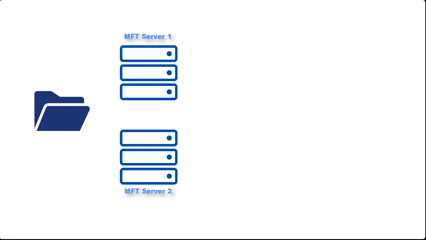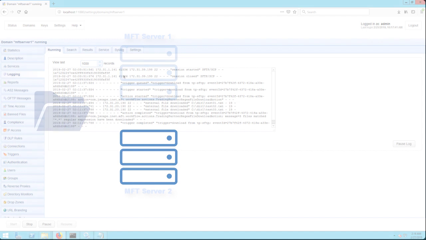So if a monitored event occurs in that directory, for example, a file is added, a file is deleted, a file is modified, or a file's age exceeds a certain number of days, that event will be detected by each node in the cluster. As a result, any trigger listening to that event will execute. And again, because this is an HA configuration, the same trigger will execute on all nodes in the cluster.